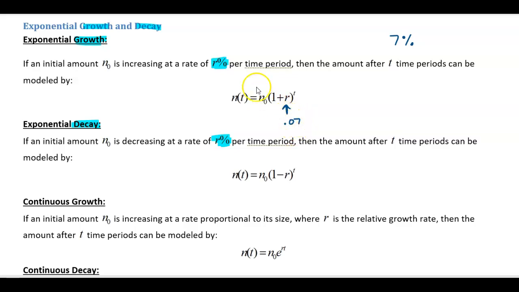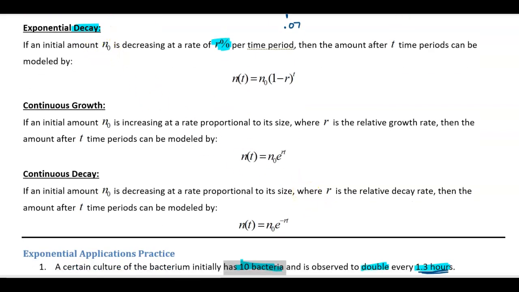So like right here, if the R value is 7%, you'll actually use 0.07 in your formula down here, okay? Same thing, if you're decreasing by a percent, you would just plug the R value in there and use subtraction.